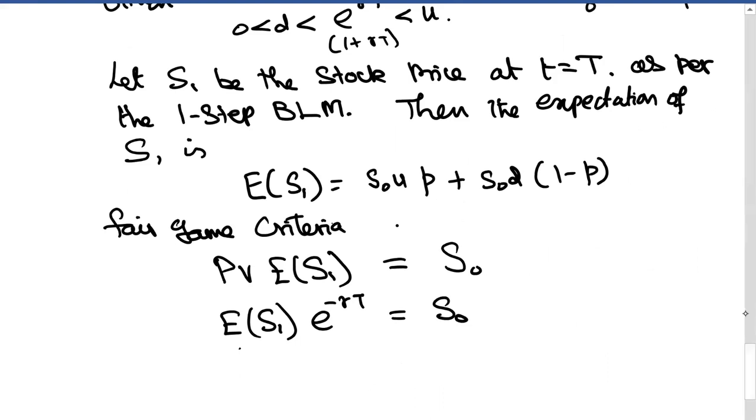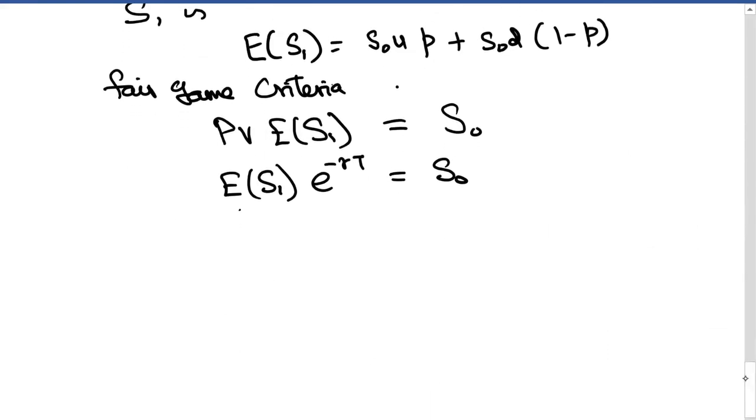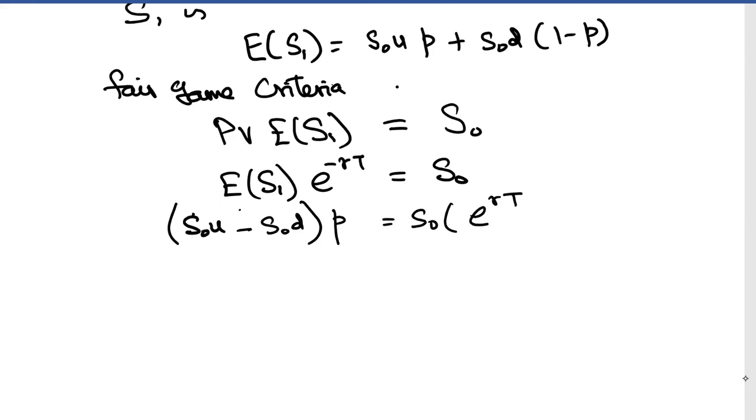Now, what is our expected value? The expected value is S naught U minus S naught D into P equal to S naught into e to the power of RT. I'm bringing this to the other side minus D. Right?